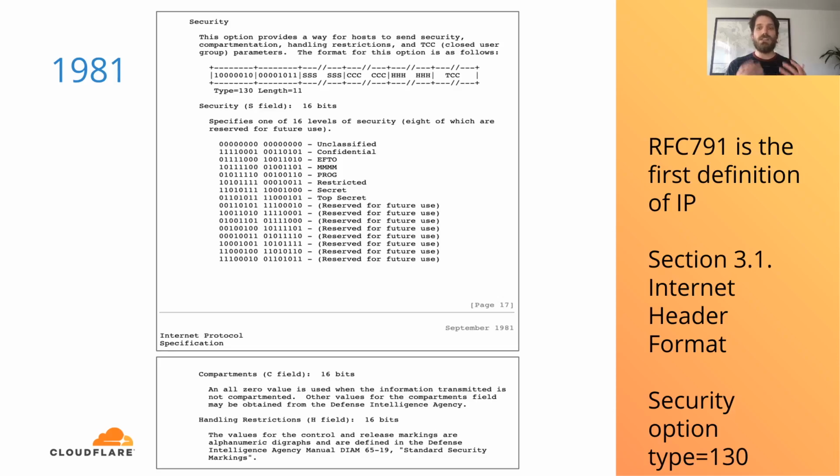It allowed for 16 bits of security settings, which translated to 16 levels of security, 8 of which are now reserved for future use. But I think, as we all know, unfortunately, this header is not really used in the wild by any application. Even if it were being used, nobody really abides by it, so it has no relevance.